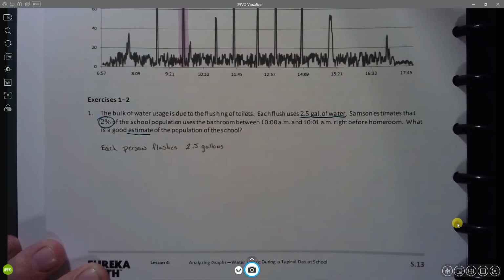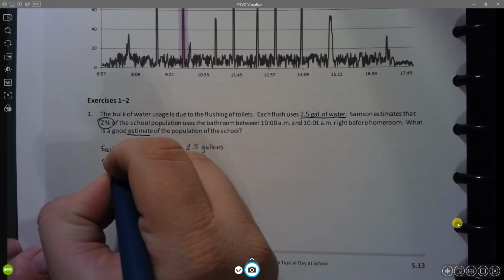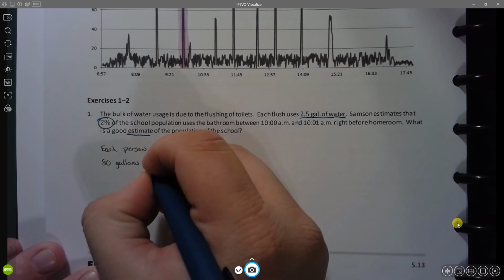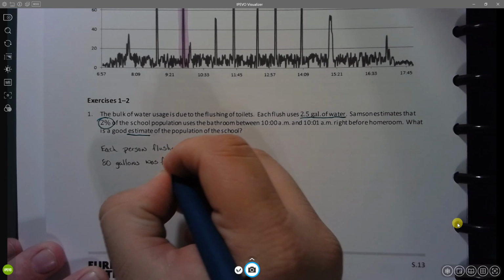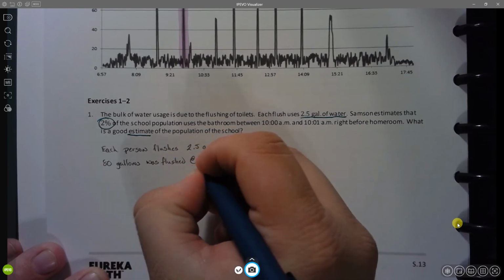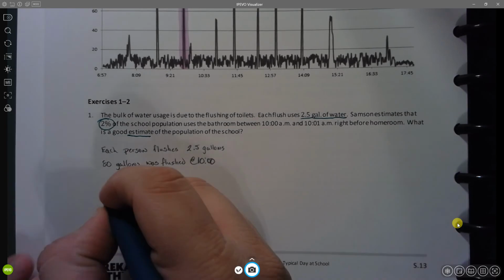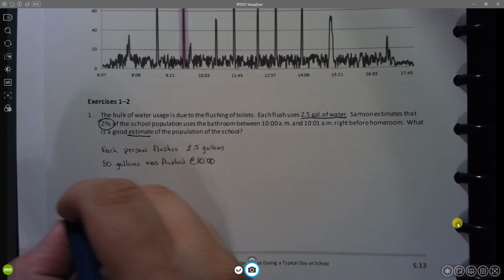Currently 80 gallons was flushed at 10 o'clock. So how many people flush the toilet? Oh, come on, this is going to be simple. This is a division problem easily. So 80 gallons divided by 2.5.